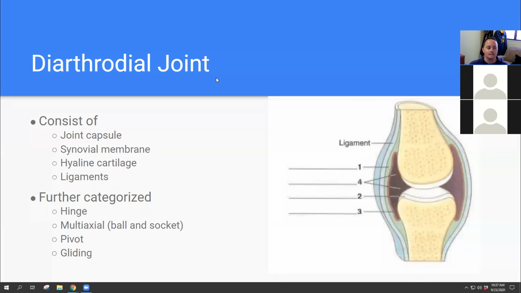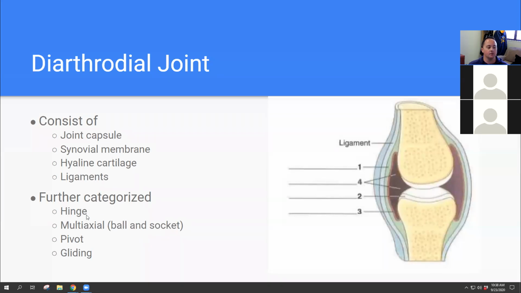Now, diarthrodial joints can be further classified into hinge, multi-axial or ball and socket, pivot, and gliding joints. So once we get into the anatomy more specifically, we will be able to look and say, hey, this is the range of motion, this is the motion that that joint does, which means it is this type of joint.